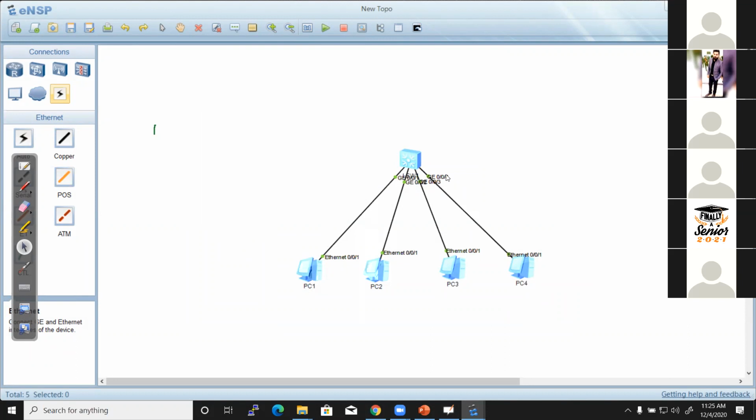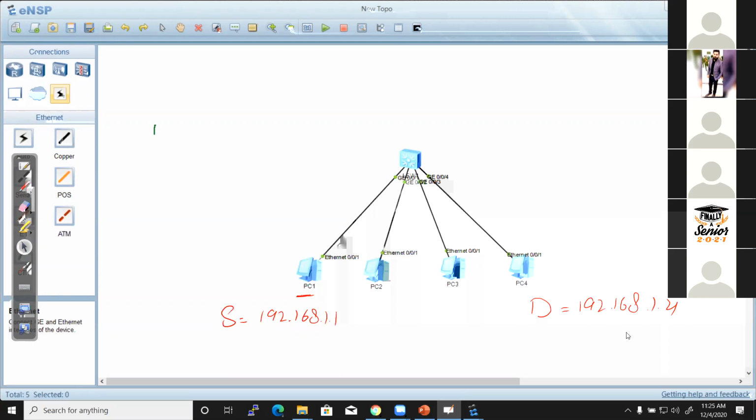So what if this PC1, which is 192.168.1.1, is the source, and this PC wants to communicate with a destination, for example, 192.168.1.4. What do you think?